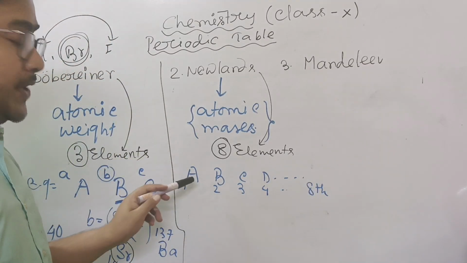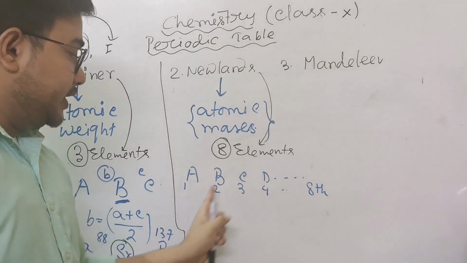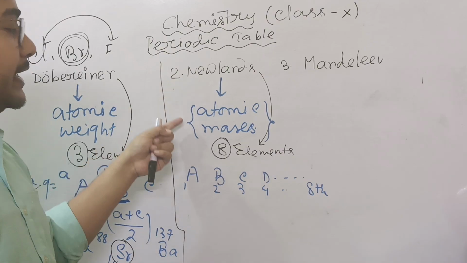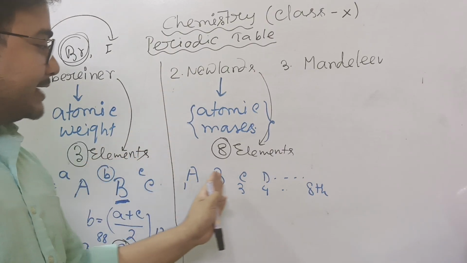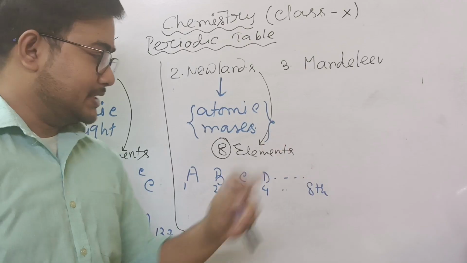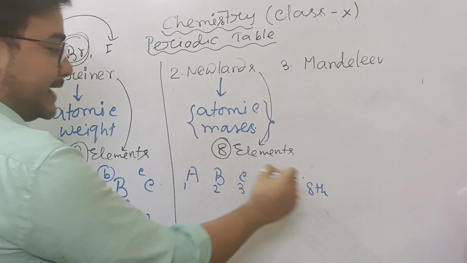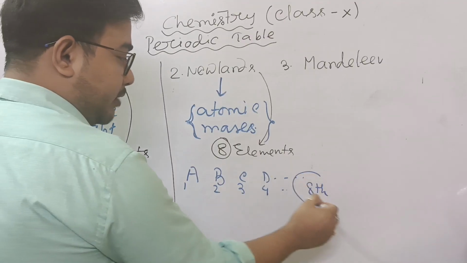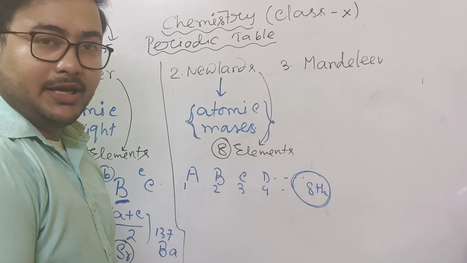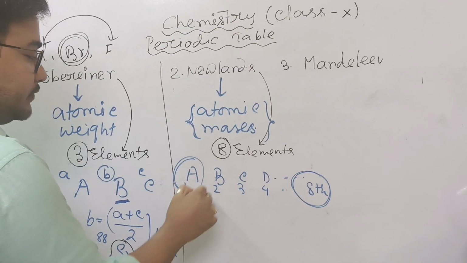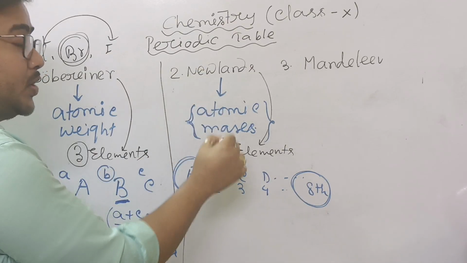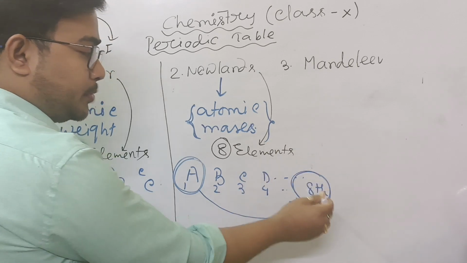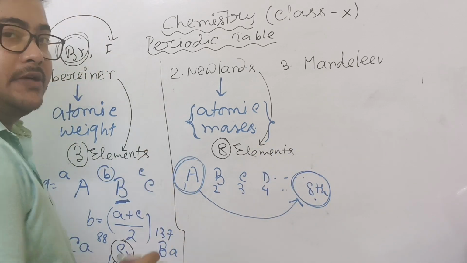So if we arrange the elements according to their increasing order of atomic masses, because Newlands law is related to atomic masses, we have to first arrange the elements in increasing order of their atomic masses. After arranging the elements in increasing order of their atomic masses, the properties of the 8th element resemble the properties of the first element. So that is why it is called the octave rule, related to the 8th element. The characteristics or the properties of the eighth element are related to the first element.